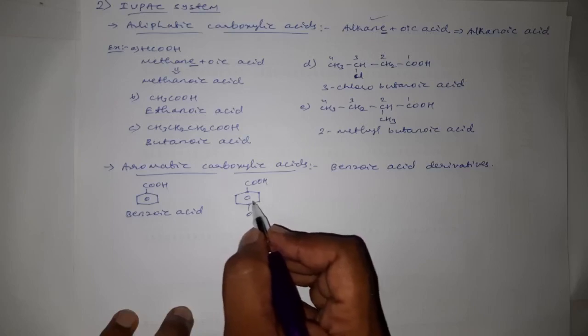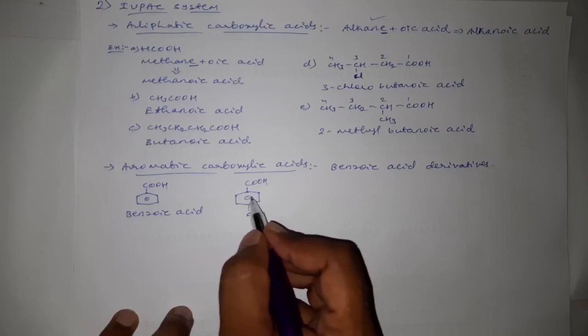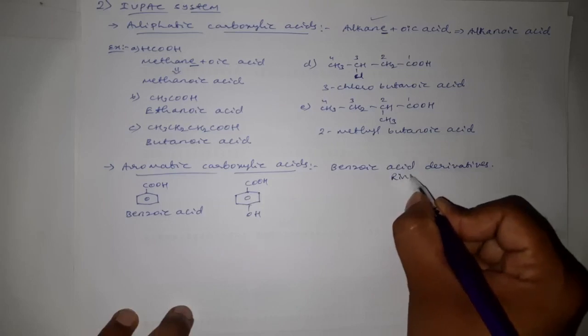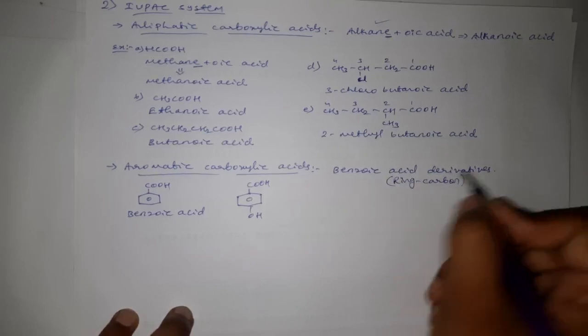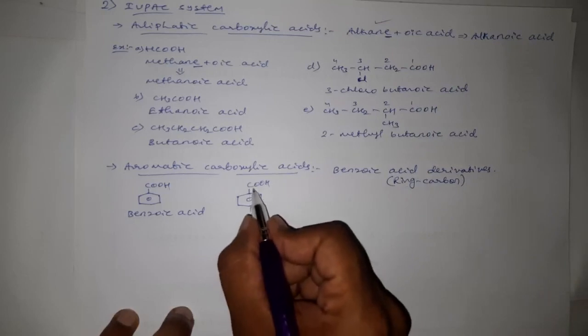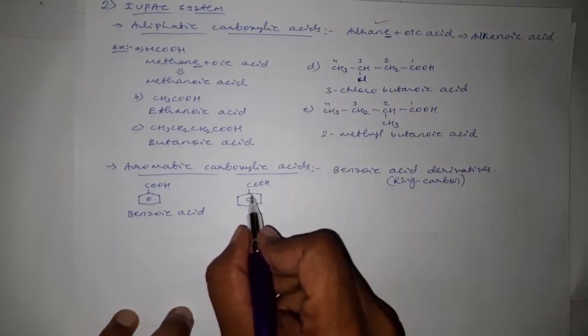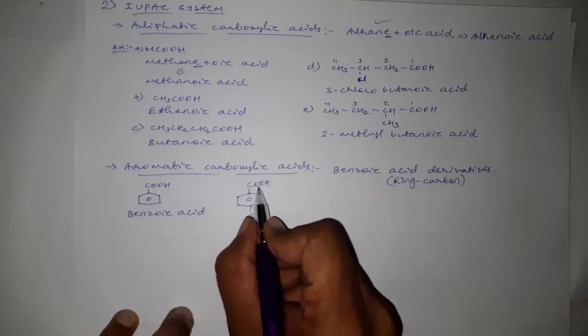One point we have to keep in mind is that while numbering aromatic carboxylic acids, the ring carbon which has the COOH group should be given the number 1, and the numbering should start from the ring carbon connected to the COOH group.